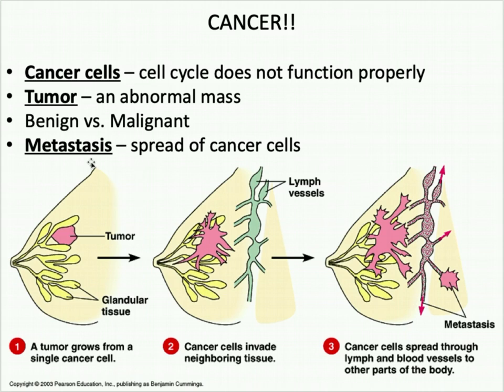The cancer cells have broken away from their original site and moved into our bloodstream or our lymphatic stream, and moved to another part of our body. And these tumors are usually malignant.